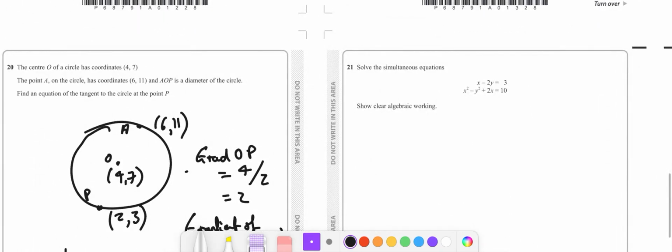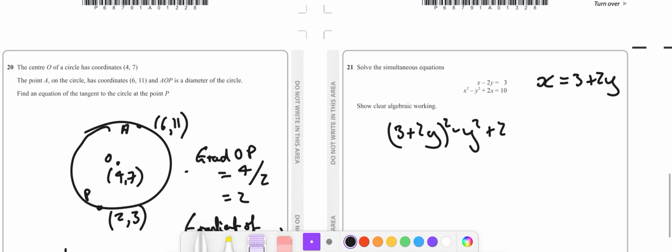Solve these simultaneous equations. So substitution is definitely the way to go when we've got a quadratic and a linear. So we rearrange one of them to get x equals, we then sub that into the other one, so we're going to get 3 plus 2y squared minus y squared plus 2 times 3 plus 2y equals 10.